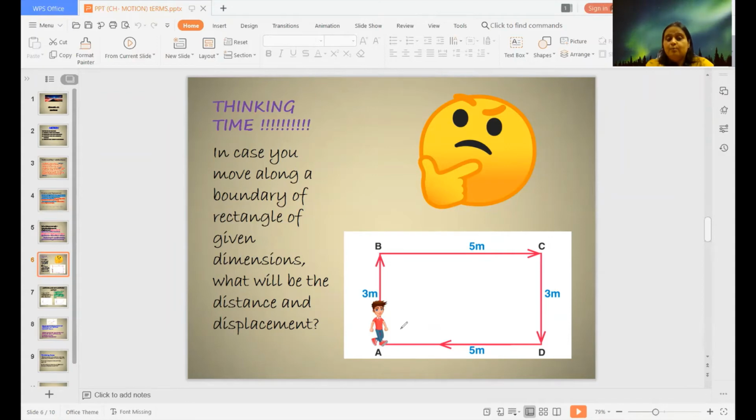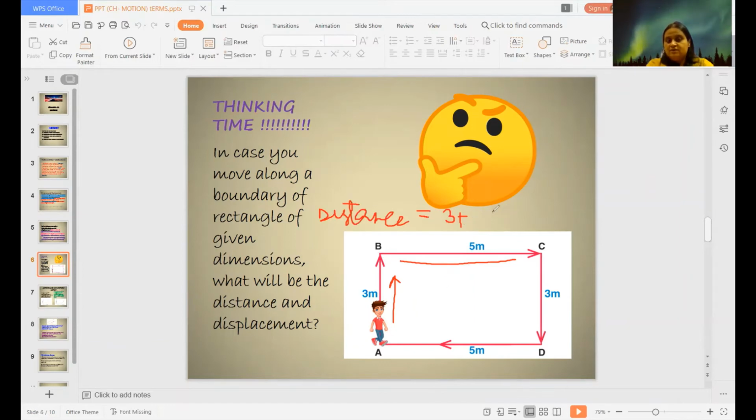So if boy moved from A to B, 3, you can say the distance is here. The distance is the actual path covered by the boy. Now, when it moves from A to B, that is 3.